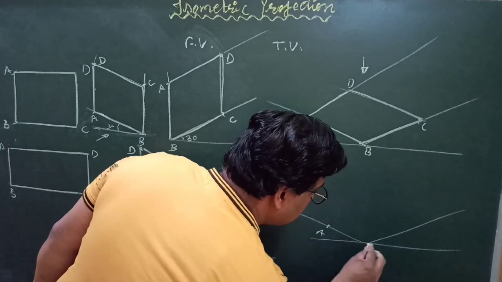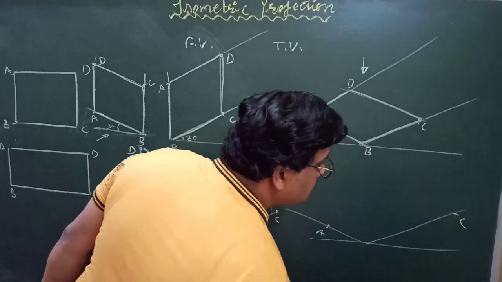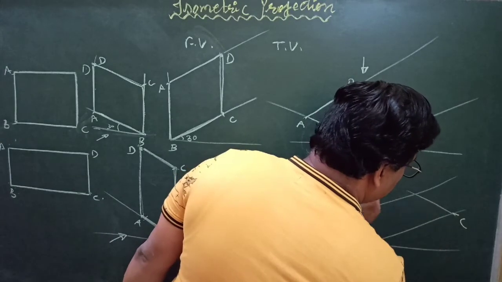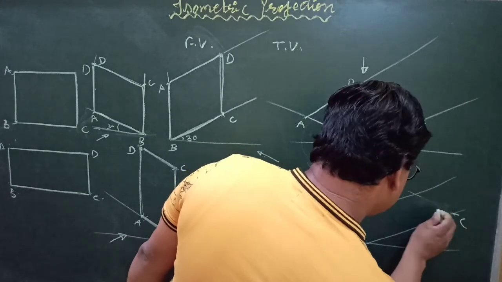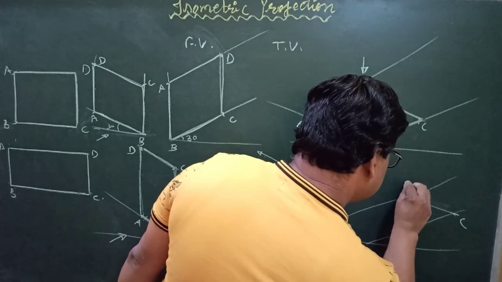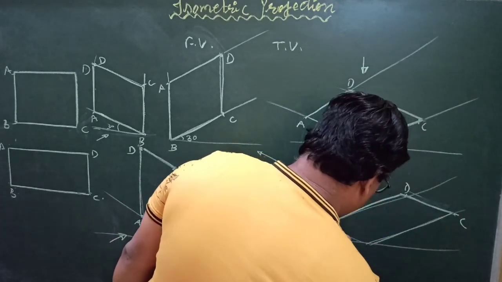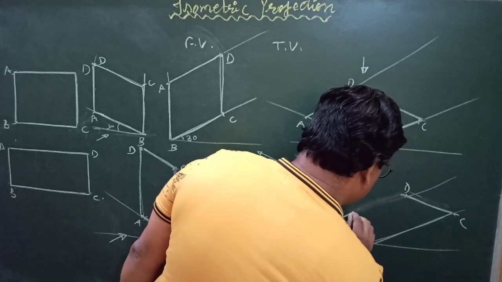So this is A, this is C, and then parallel lines, so as to obtain the final view, that is D. So this is the top view of the rectangle.